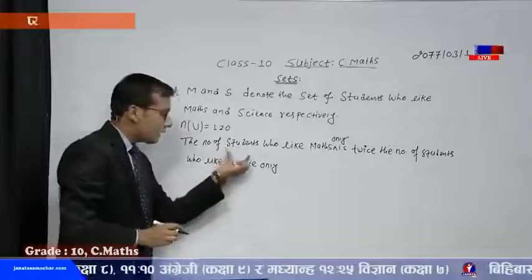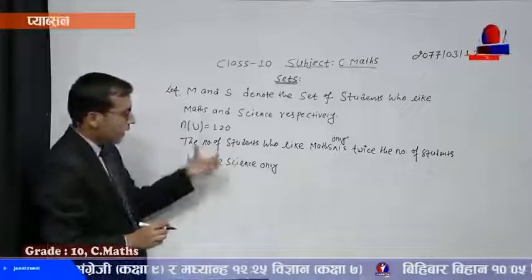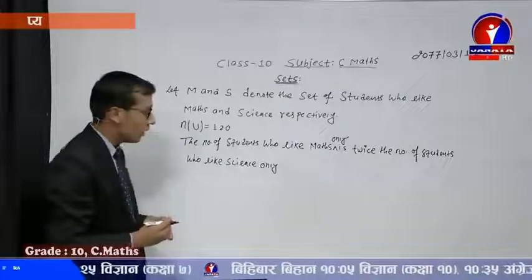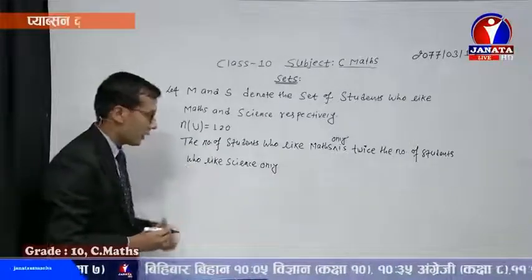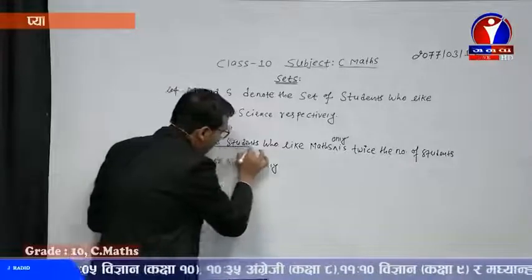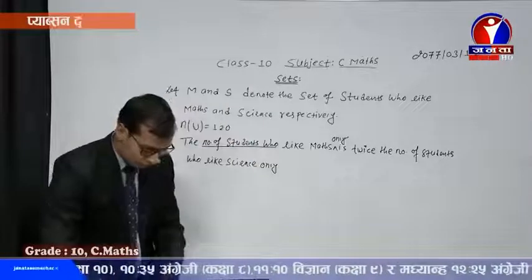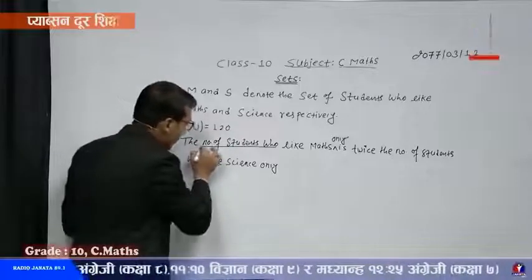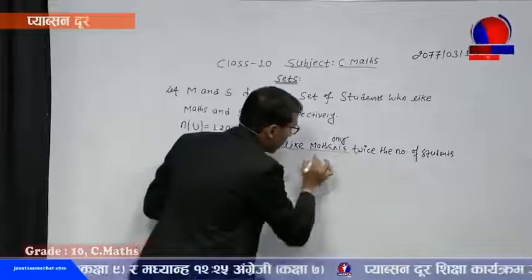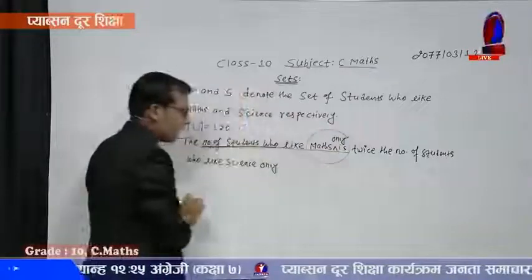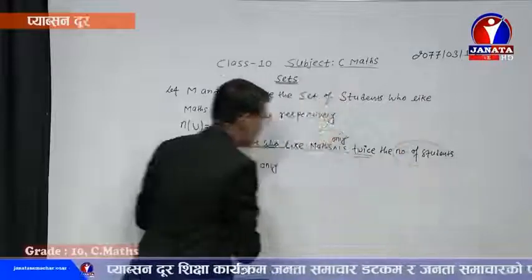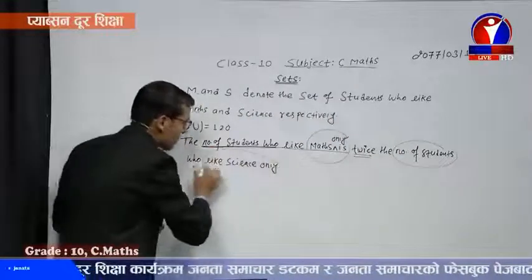So let's transform this mathematical language into set notation or into a mathematical expression. The number of students who like mathematics only is twice the number of students who like science only.